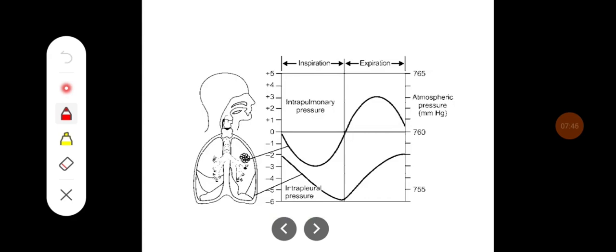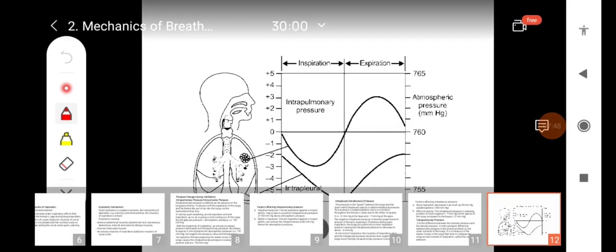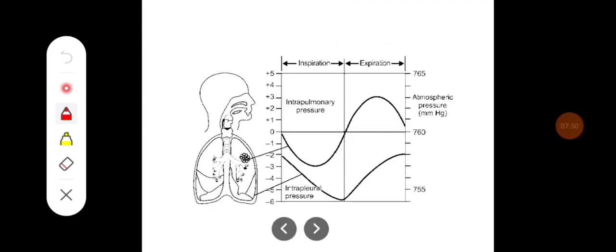So this is the diagram showing the intrapulmonary pressure and intrapleural pressure. During inspiration in the alveoli, the pressure is going to decrease, and at the end of inspiration, it becomes again atmospheric, and during the expiration, again the pressure is going to increase, and again at the end of expiration, the pressure becomes atmospheric.